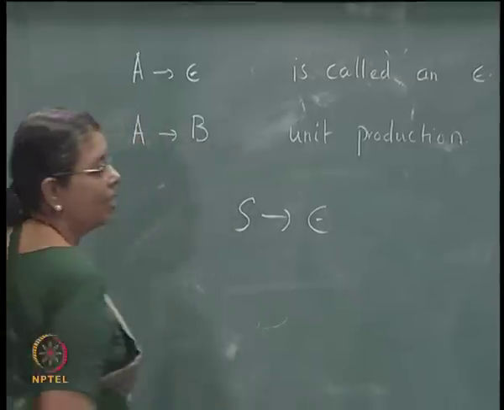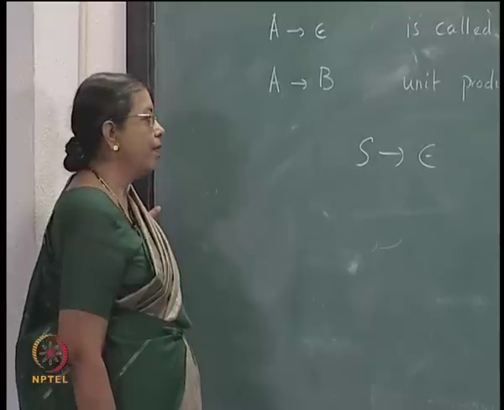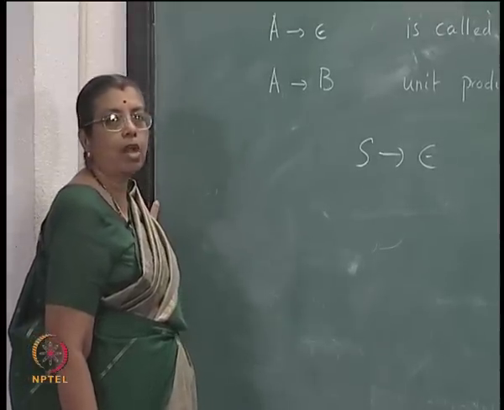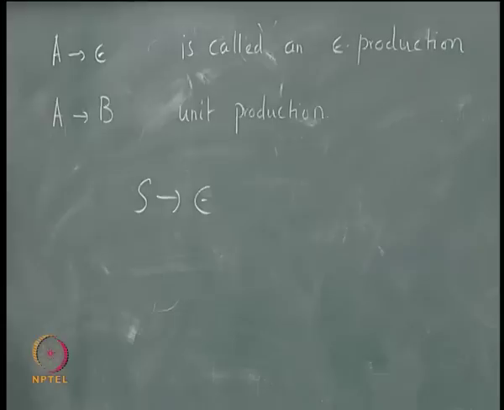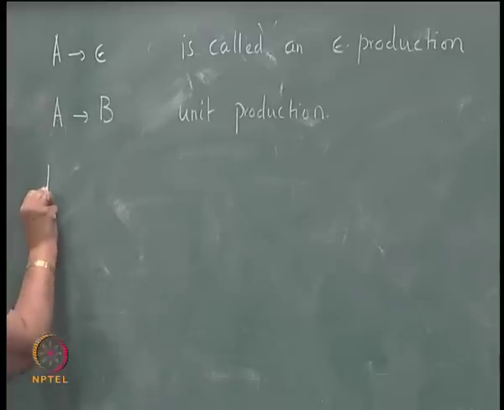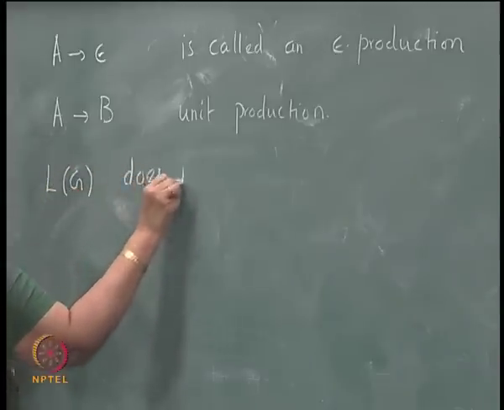If the language consists of epsilon, you must at least have one rule having S on the left hand side, epsilon on the right hand side, and you must also make sure that S does not occur on the right hand side of any production. So, at this stage we will assume that L(G) does not contain epsilon.